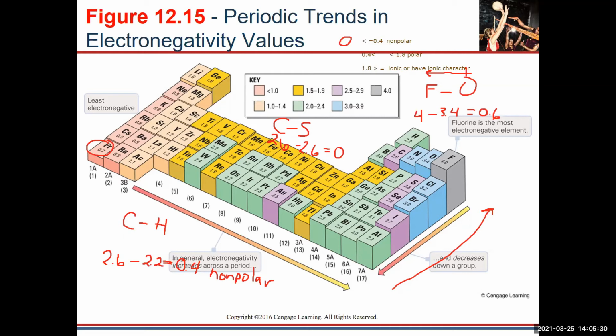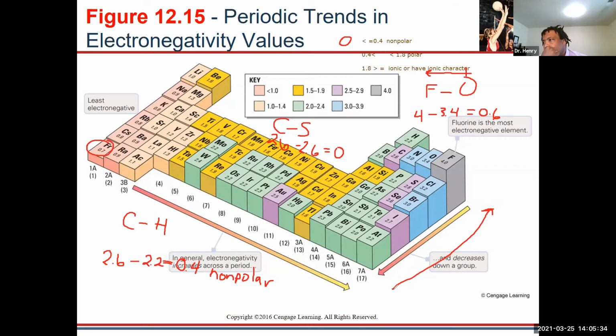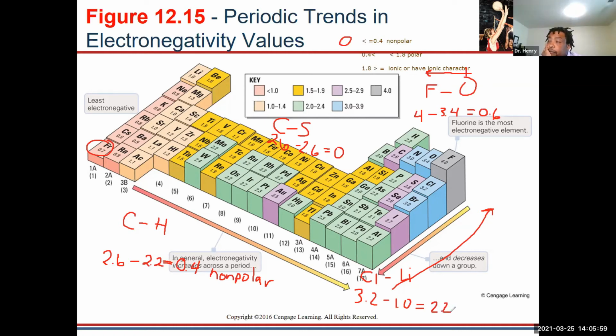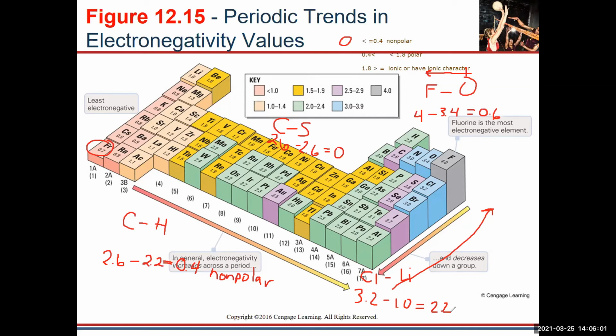So let's do chlorine and lithium. Chlorine is 3.2. Lithium is 1.0. The difference equals 2.2. So would that be? Greater than 1.8, so ionic. Ionic, right?